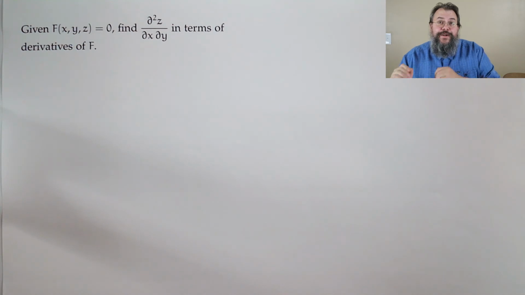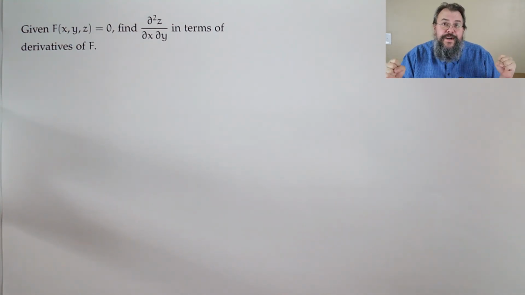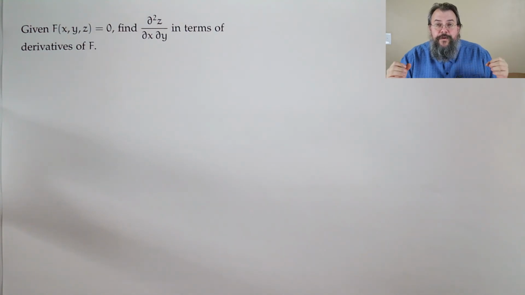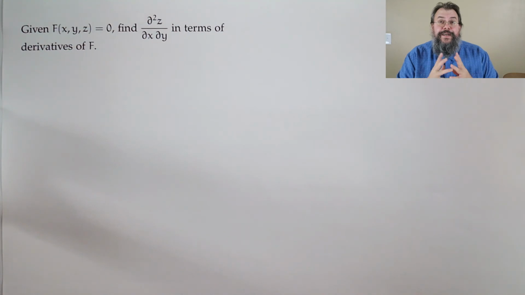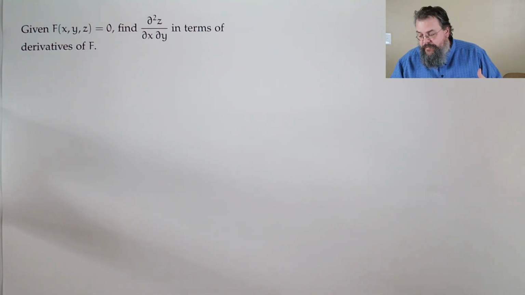And we want to find the second partial derivative of z, partial x, partial y, all in terms of derivatives of f. So when we talk about derivatives of f, we mean partial derivatives. Well, it should be interesting by the time we get done. But if you remember the process of the last problem, you're going to see, oh, we're going to do a lot of the same things.